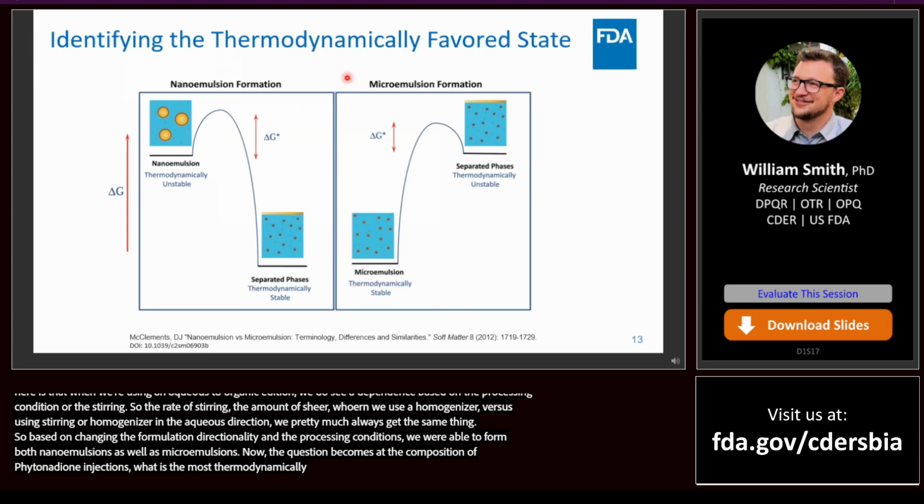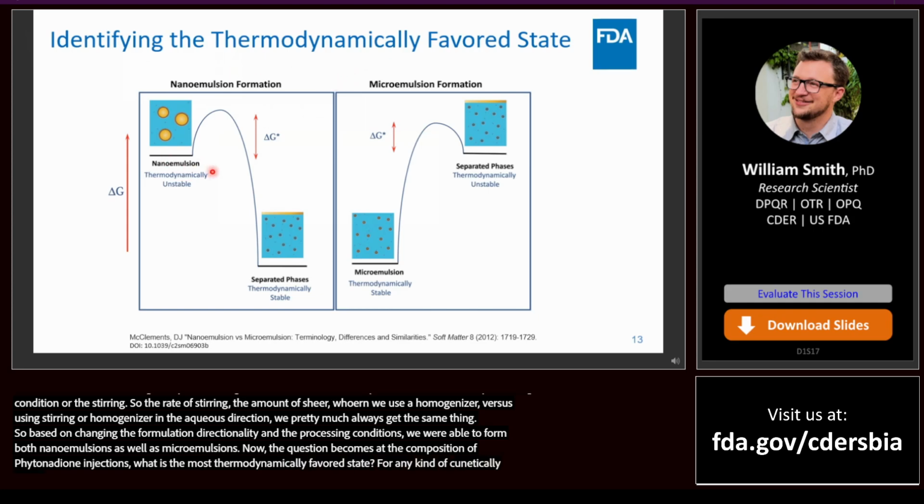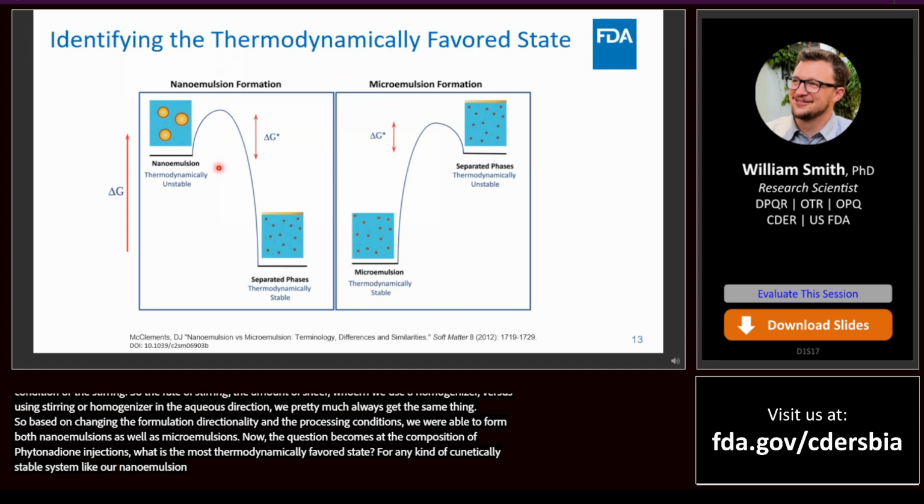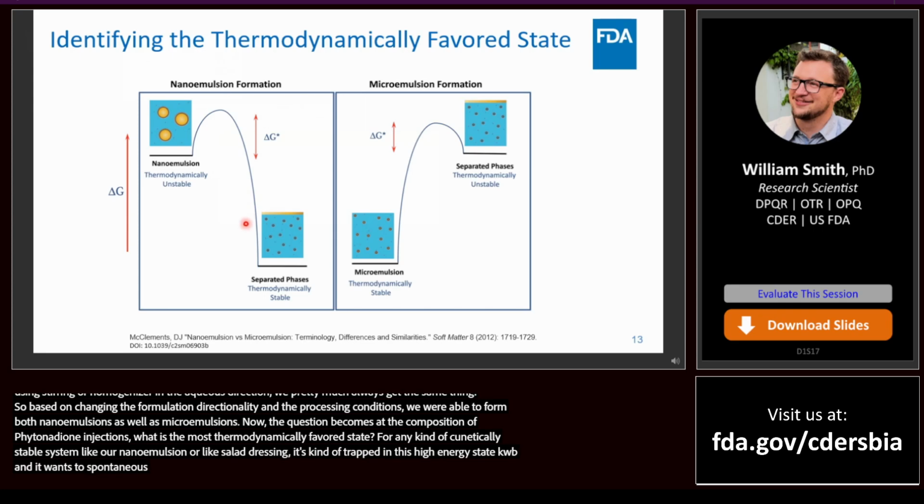For any kind of a kinetically stable system like our nanoemulsion or like salad dressing, it's kind of trapped in this high energy state, and it wants to spontaneously minimize its energy, albeit maybe very slowly.